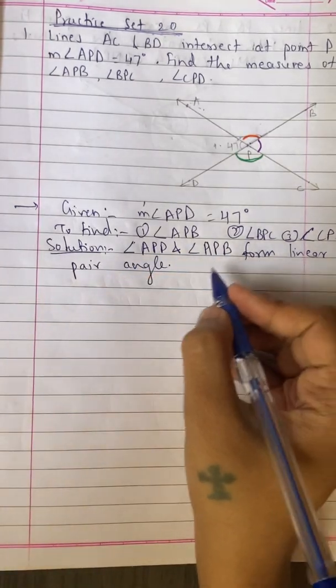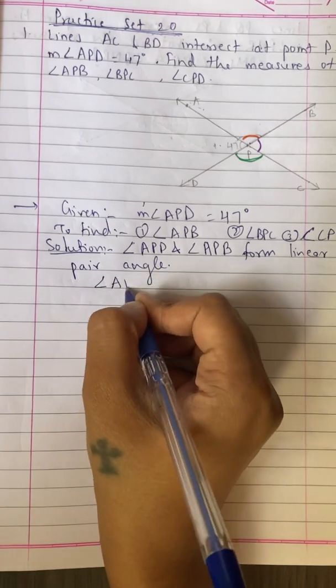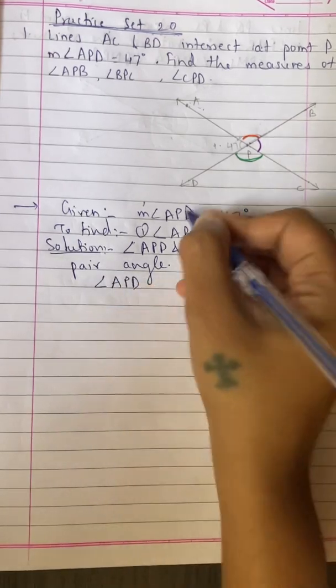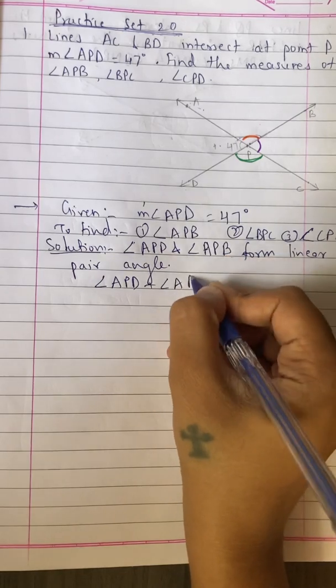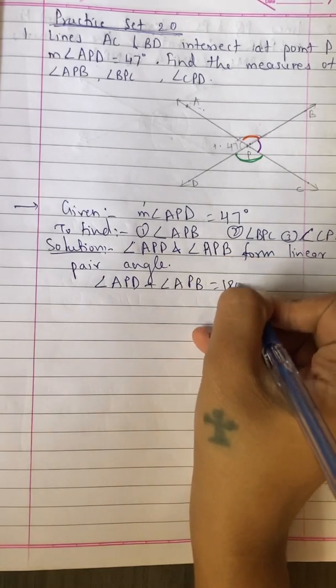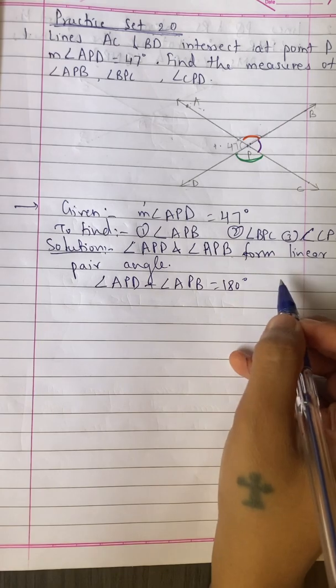So when they form linear pair angles, we have angle APD plus angle APB is equal to 180 degrees. Why? Because linear pair angles are always supplementary.